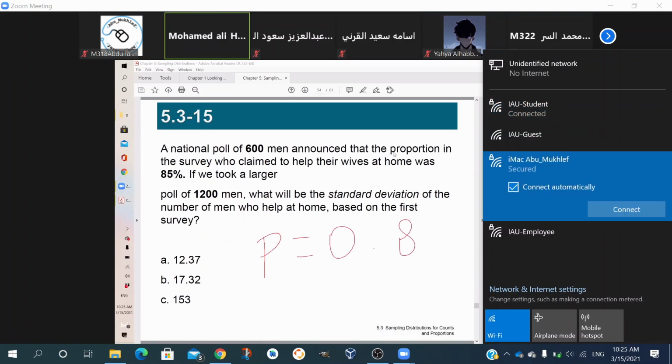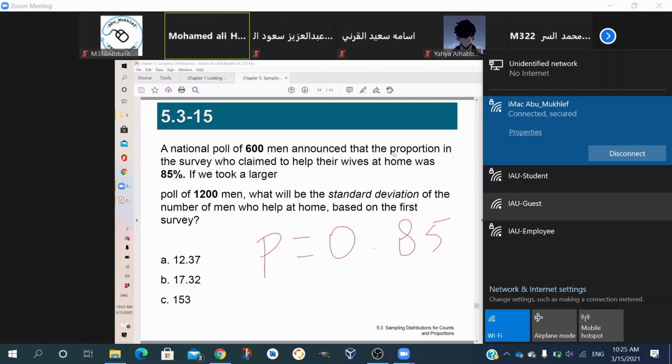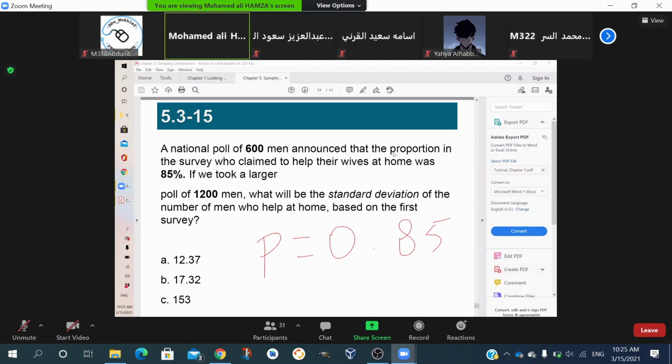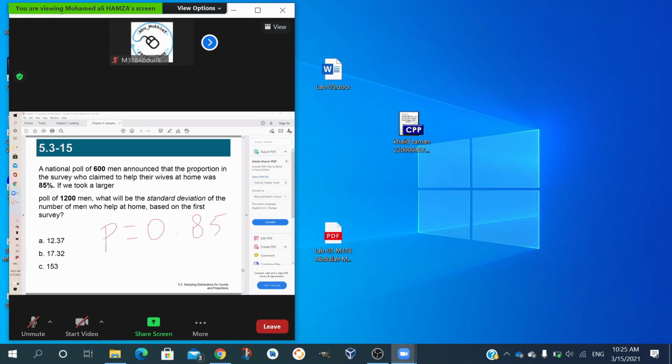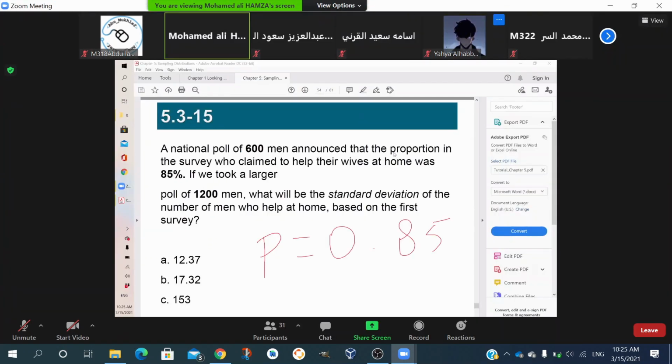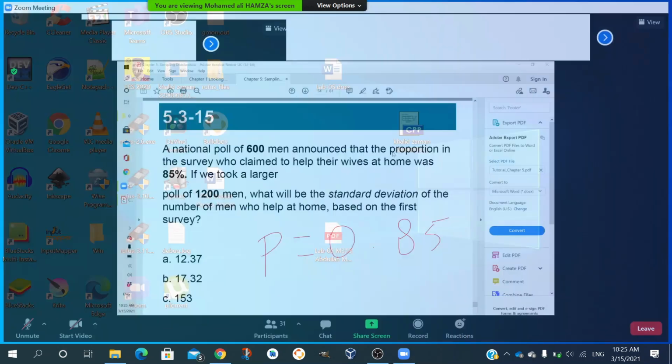Why? Because here it says the proportion of husbands who help at home is 85%. That's why the probability of success is equal to 0.85. Here we took a sample of 1,200 men.